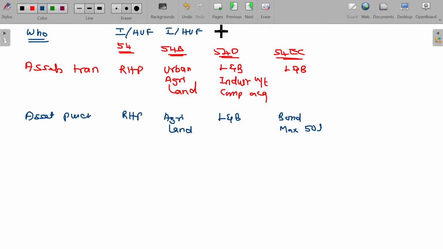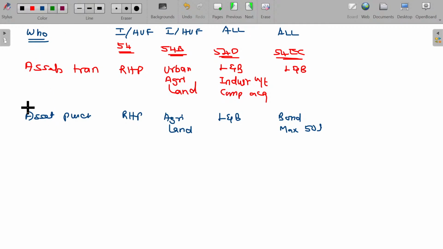Industry, naturally it falls under all the assessees. 54 EC also falls under all the assessees, because EC is related to depreciable land and building also. Who can claim the depreciation? Business people. Business is not run by a single person, maybe a firm and company also, so eligible for all the assessees.